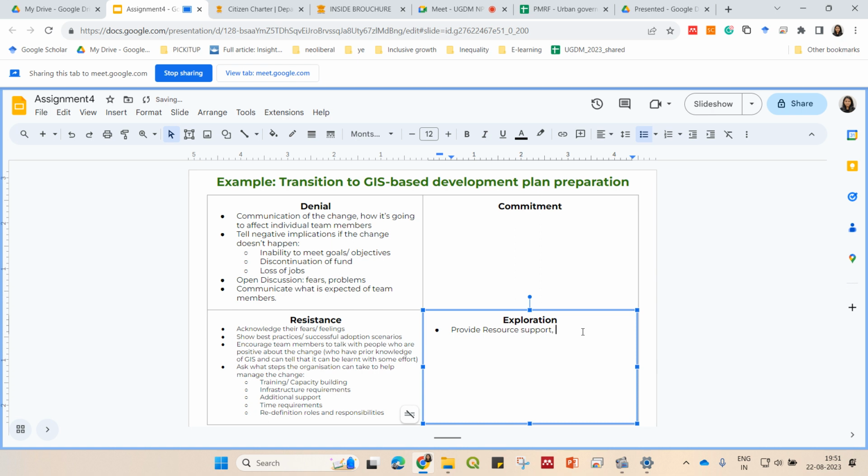So provide resources, support, maybe mentoring, in order to ensure that your organization is making the right choice, maybe with the right GIS resources, maybe with the right workflow system, and the right people are assigned to the right roles and things like that. So maybe you can get some resource support and mentors who can help you better explore the way. What else?